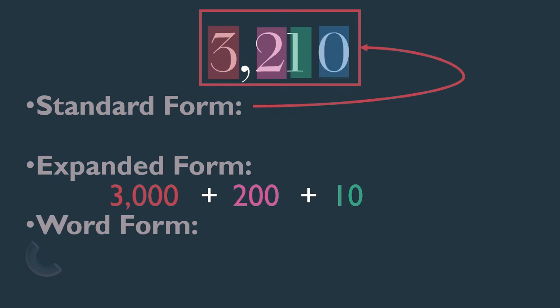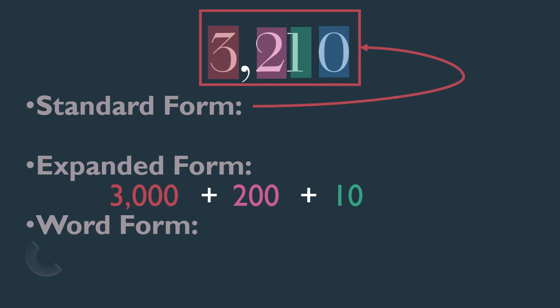Now, the last digit is a 0. Again, I'm going to choose to leave that 0 out of my expanded form, so that I have 3,000 plus 200 plus 10 as my expanded form. Now, if you wish, you can write it as 3,000 plus 200 plus 10 plus 0, but that is not necessary.